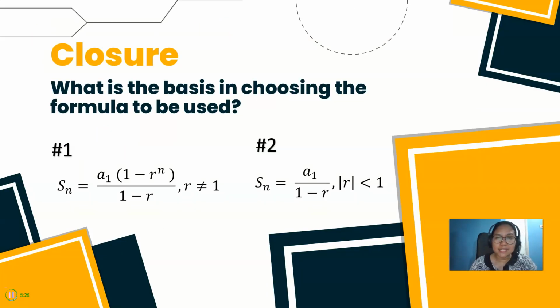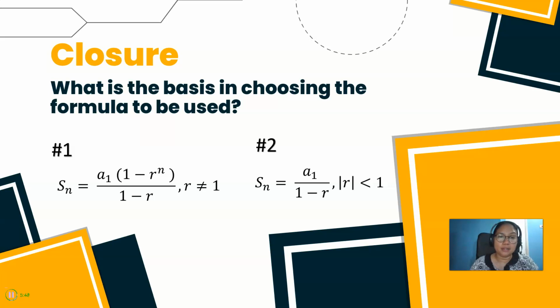What is the basis in choosing the formula to be used? Yes, the basis will be whether it is infinite or finite. Which formula will be used for finite geometric series?